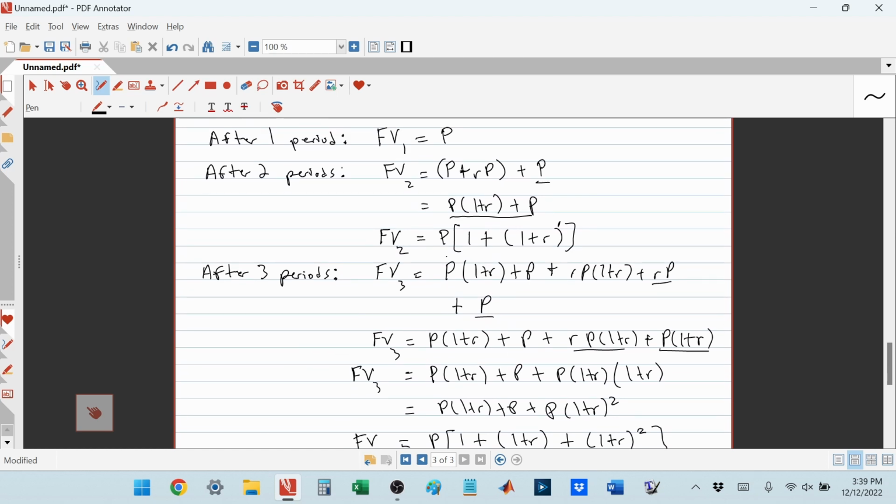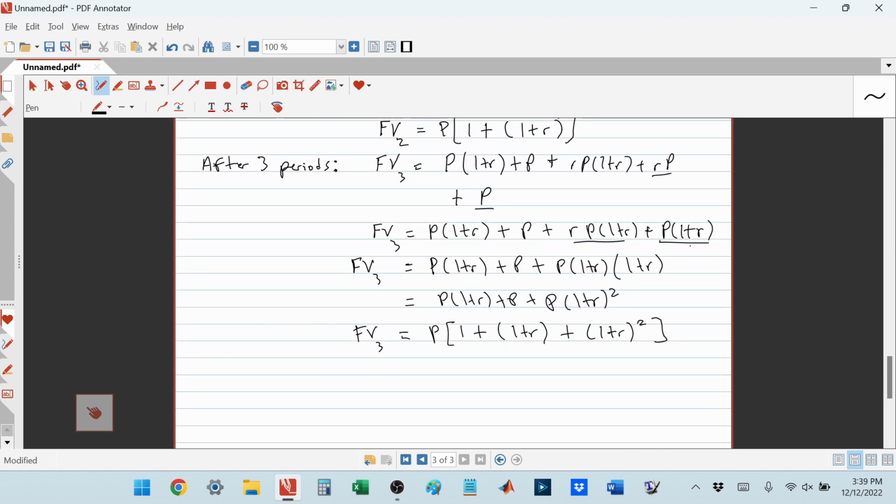At the end of 2 periods, it was P times 1 plus R to the power of 1. At the end of 3 periods, it's P times 1 plus 1 plus R plus 1 plus R to the power of 2. After 4 periods, it's going to be P times 1 plus 1 plus R plus 1 plus R squared plus 1 plus R to the power of 3. Dot, dot, dot.